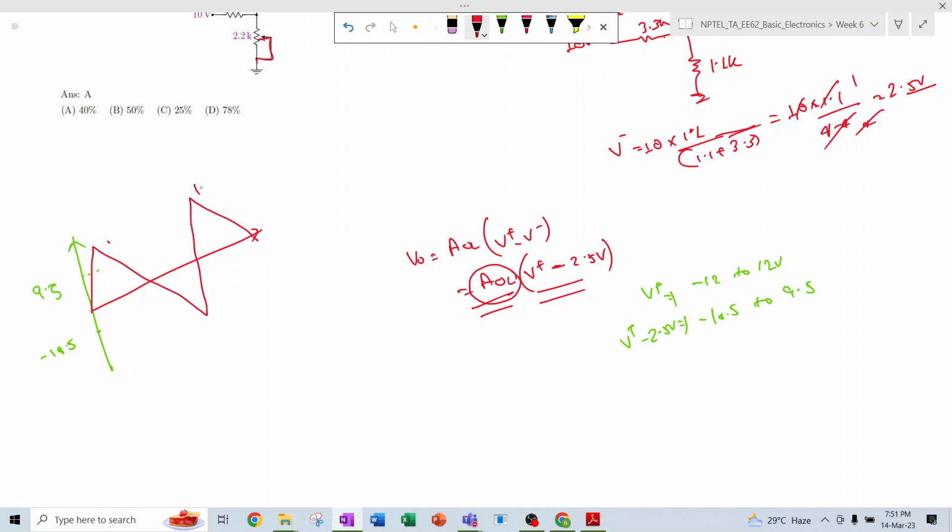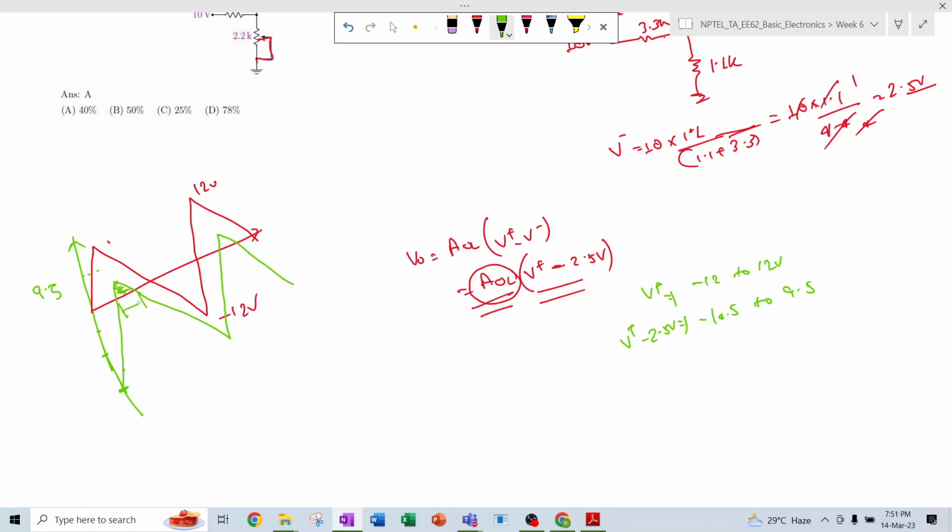This is the input, 12 volt to minus 12 volt, and now it is shifted over here. So this is the duty cycle of the shifted signal now.